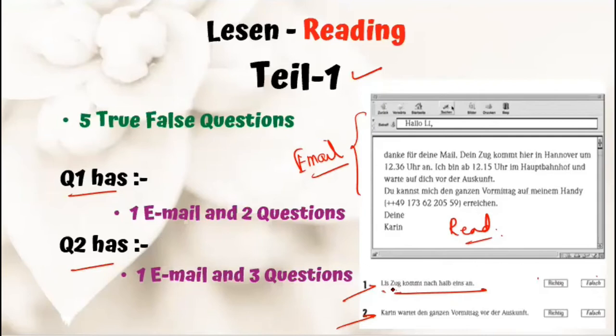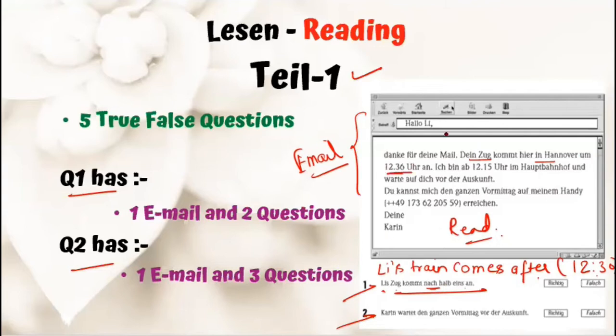Lies Zug means Lies's train. Kommt means comes. Nach is after. Halb eins is 12:30. So this train comes after 12:30. And here it's written, "Dein Zug kommt hier in Hannover um 12:36 Uhr."